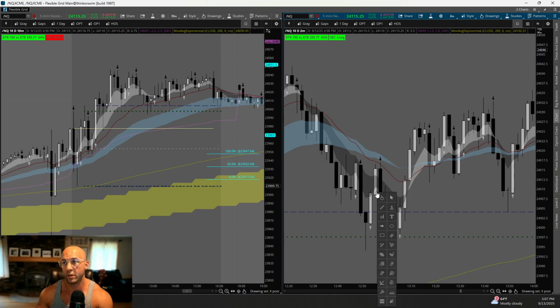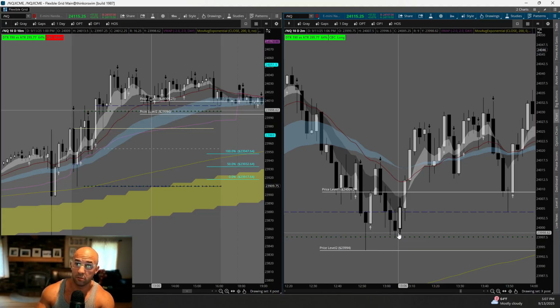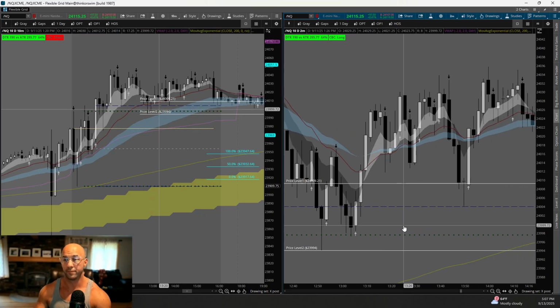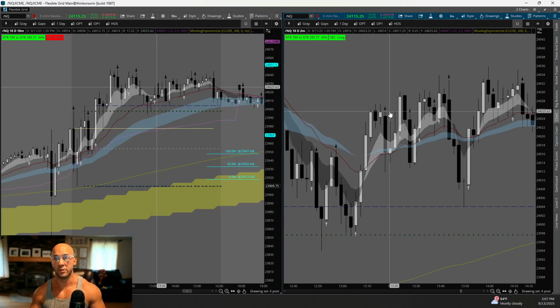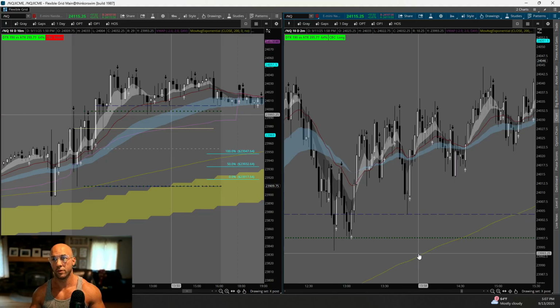But if they took it long up here at 09, and said, I'm going to risk the low, that's a 15-point risk. They do not get stopped, although it is a little early. They still get a winning trade off of a horizontal level of support.